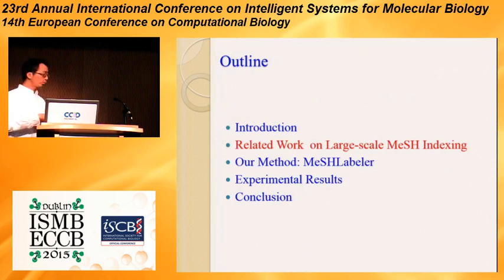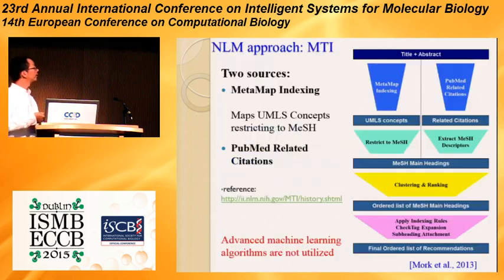Here, I will also discuss the related work on large-scale MeSH indexing. There is a lot of work on MeSH indexing, but only very few works can really handle large-scale prediction. This is the NLM official method. The input is the title and abstract, and there are 2 components.